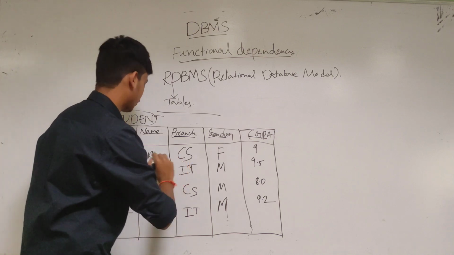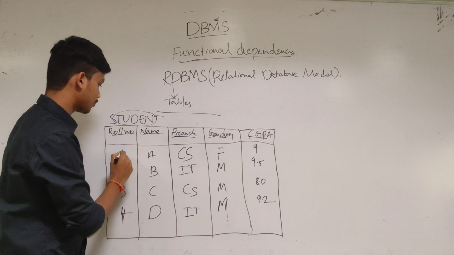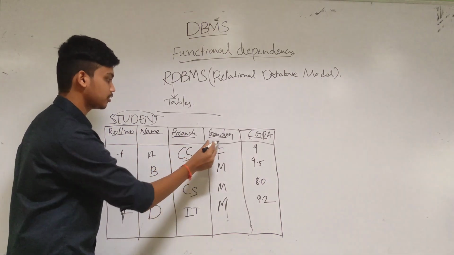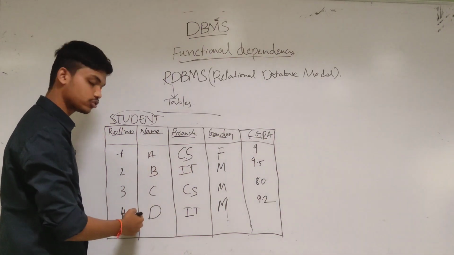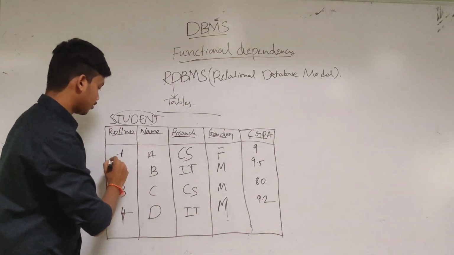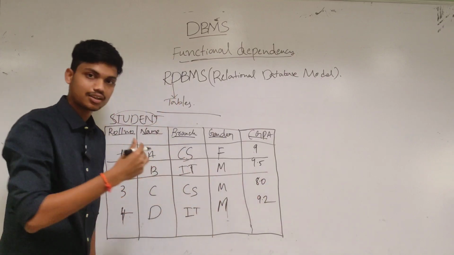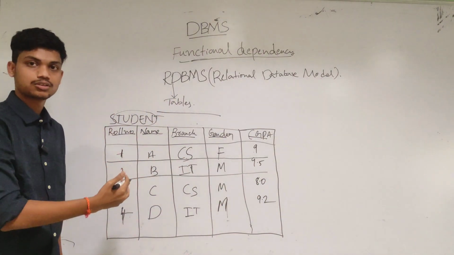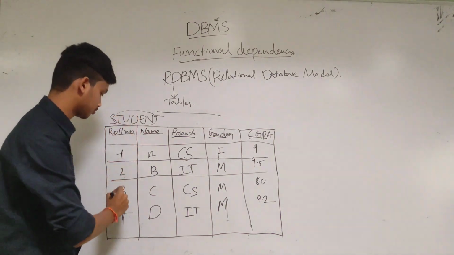This is a tuple: 1, A, CS, female, 9. So roll number 1, name is A, branch is CS, gender is female, CGPA is 9. Like that we made 4 rows, 4 tuples. This is called the RDBMS model. In the RDBMS model, data is made in the form of tables, and each record is a form of information.